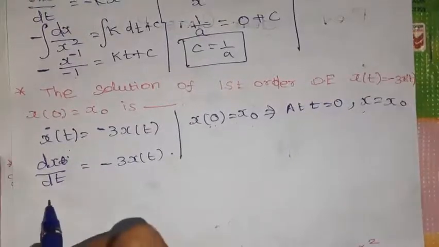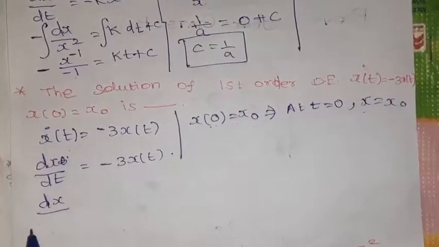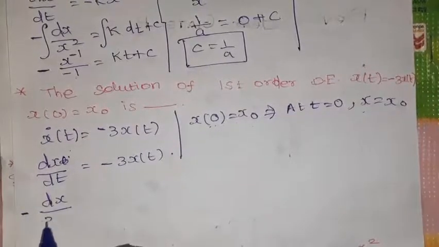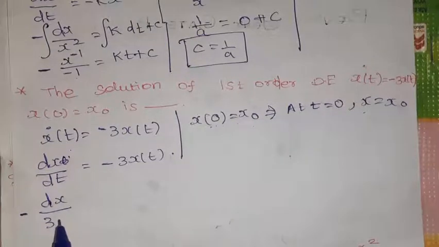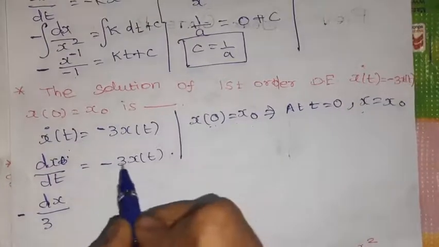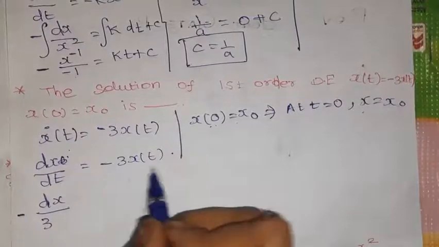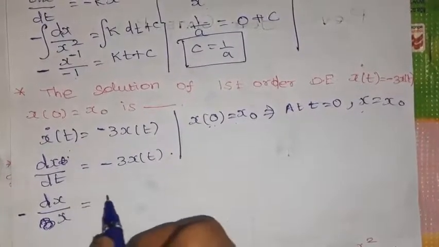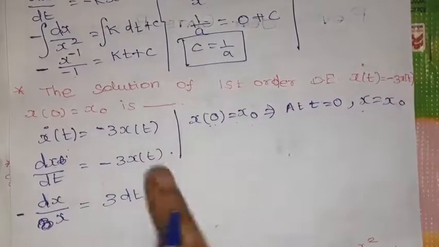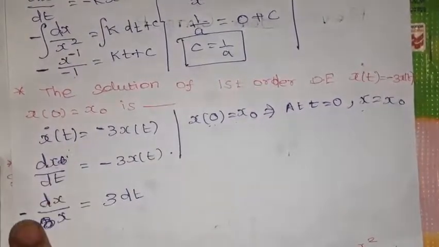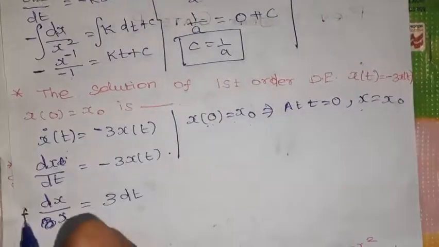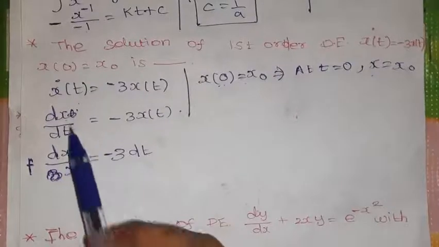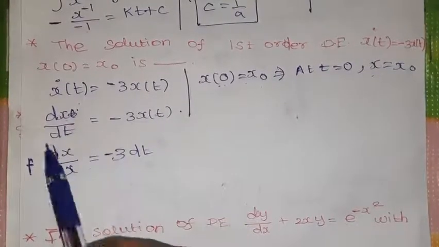So dx/x, only x will come, not 3, equals -3 dt. The minus sign is there itself, no need to worry.